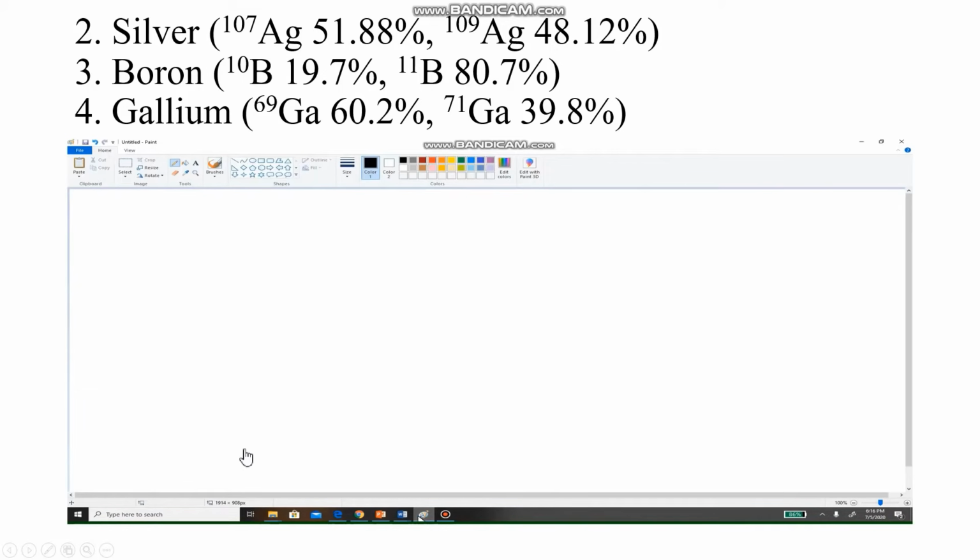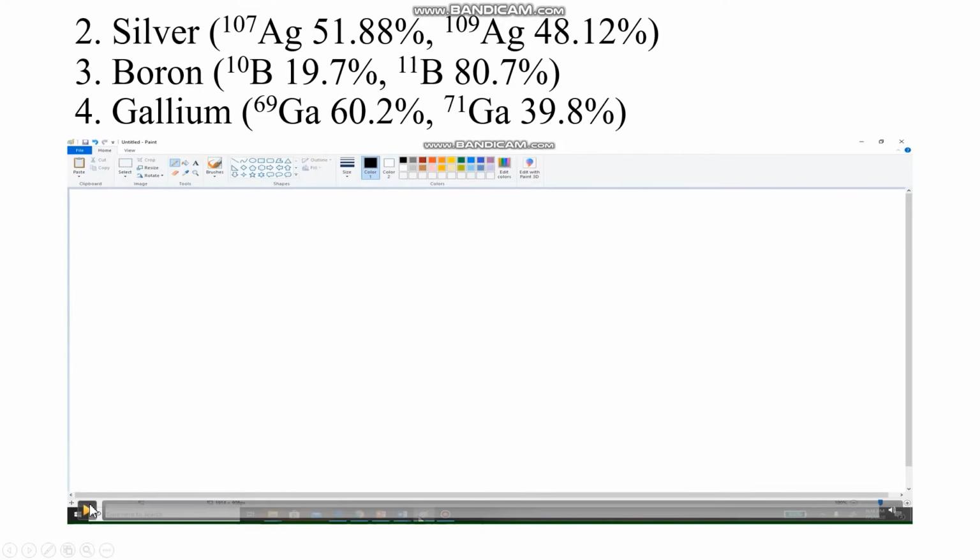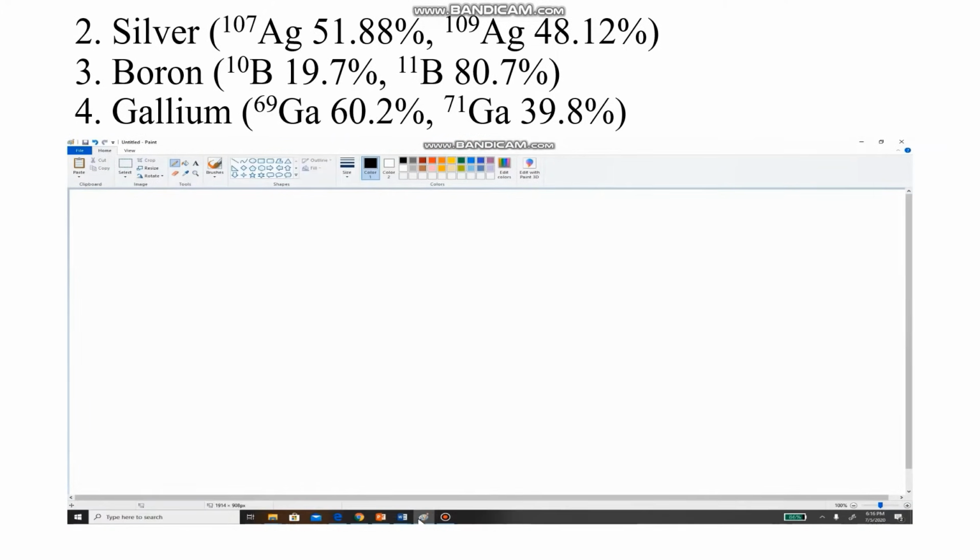In these questions also we are going to find the relative atomic mass of the respective elements. So let me now first solve question number 2, and here we are going to find the relative atomic mass of silver, and we have two isotopes here.